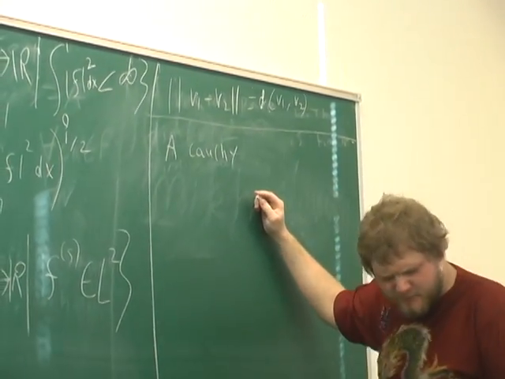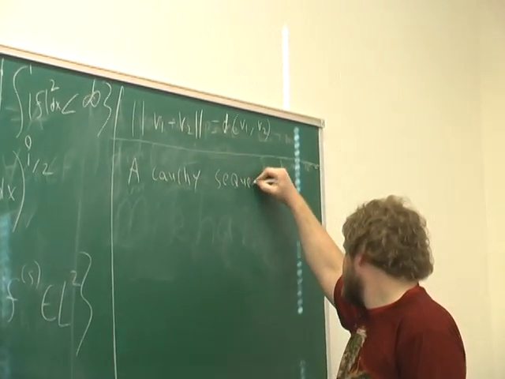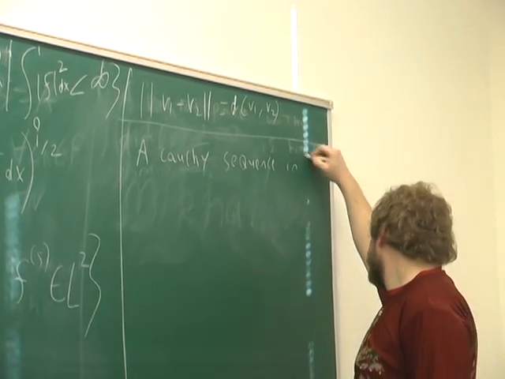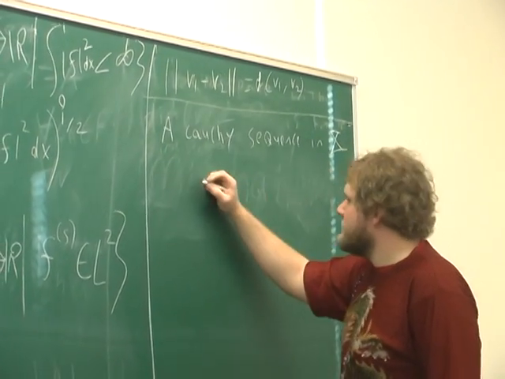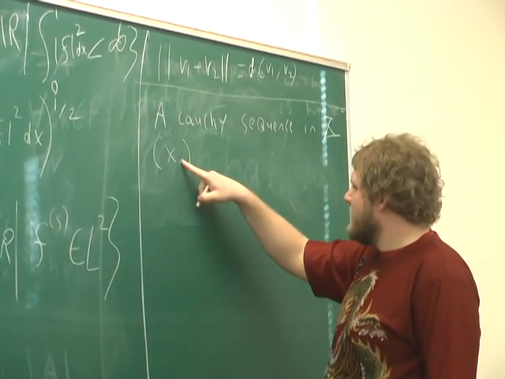So we take, say, a general metric space X. A sequence is Cauchy.